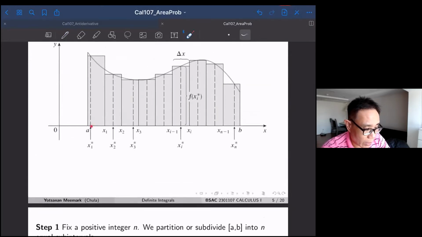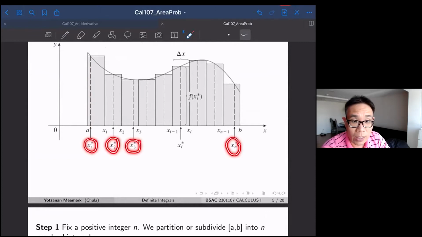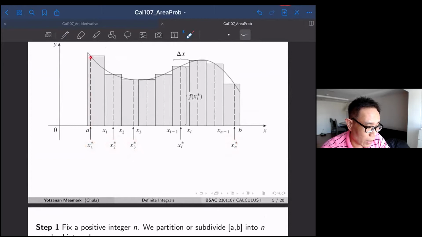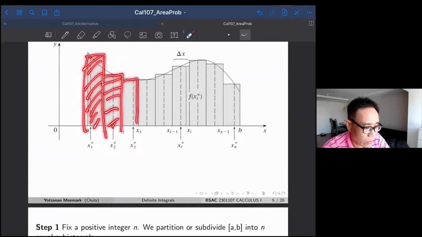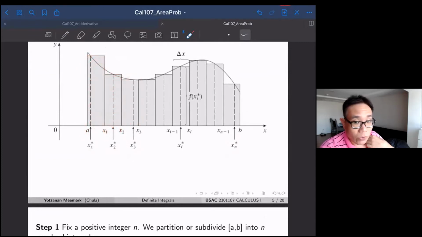You pick a height: x1 star, x2 star, x3 star, until xn star. Then you can compute the area of each rectangle and sum the areas.